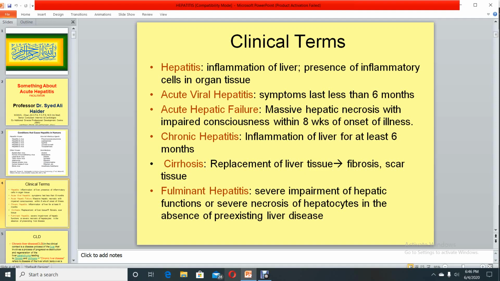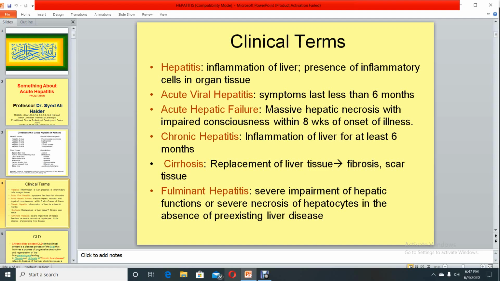If it is less than 6 months, it is called acute hepatitis. If massive hepatic necrosis occurs with impaired consciousness within 8 weeks of the onset of illness, it is called acute hepatic failure or acute fulminant hepatitis.